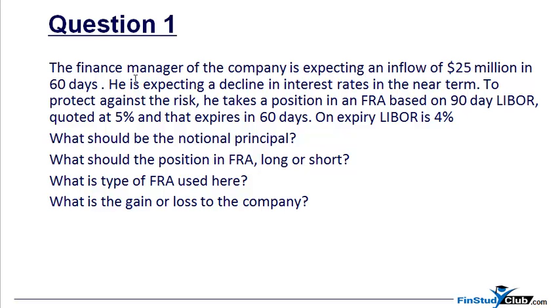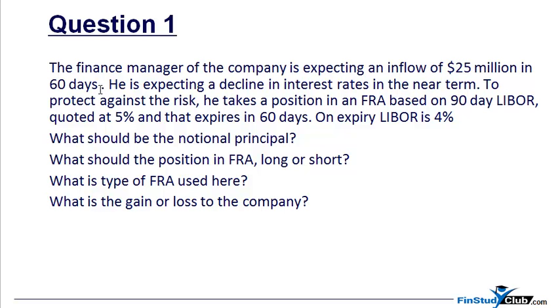So here the finance manager, may I say the company, is expecting an inflow of $25 million in 60 days. So if I'm supposed to receive a certain fund, my next step would most likely be, how am I going to park those funds?